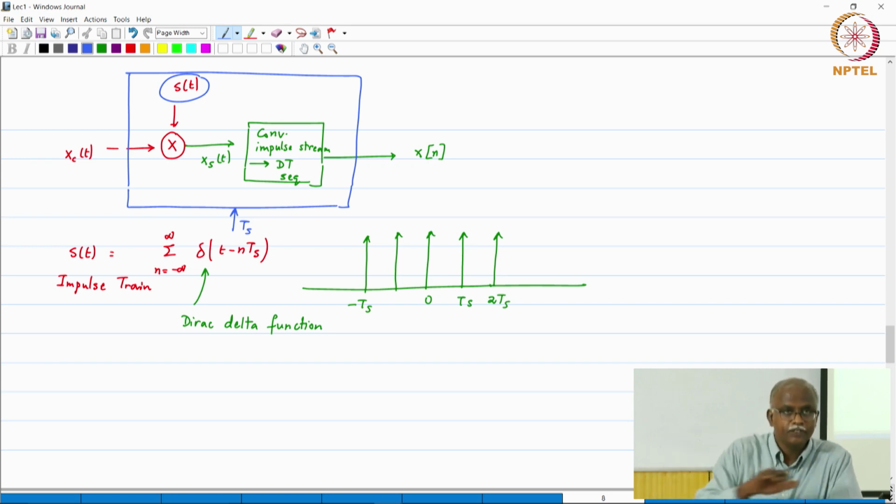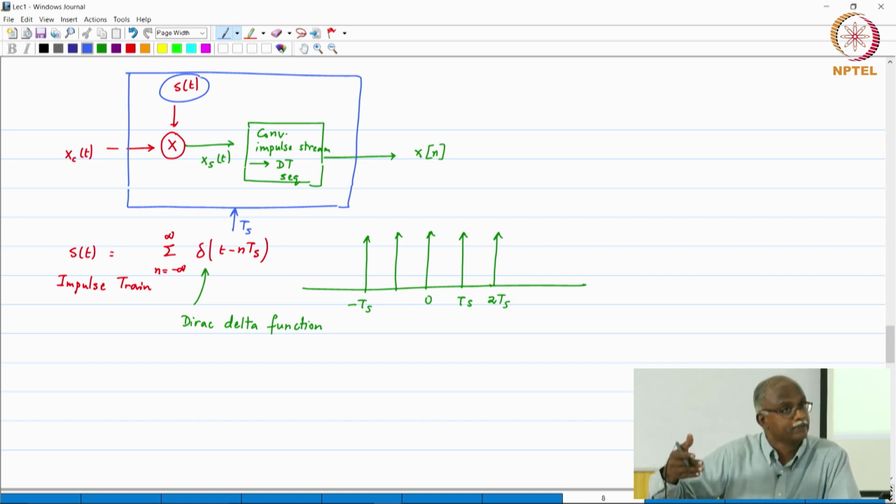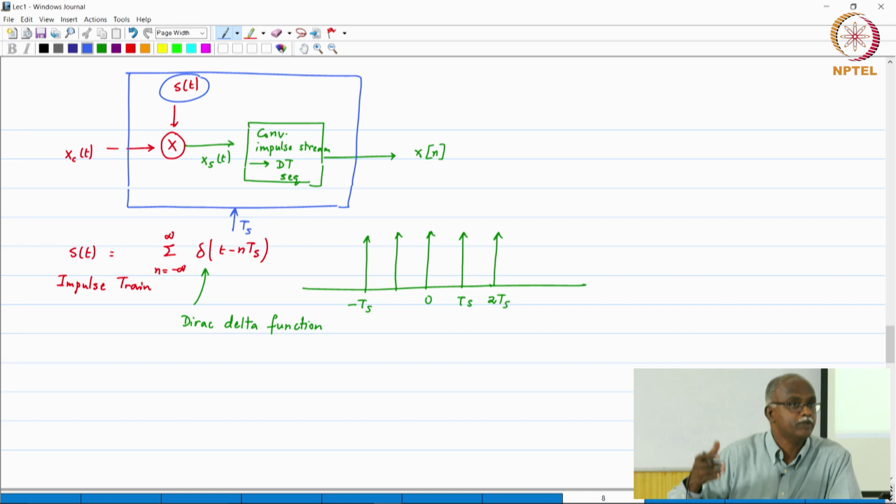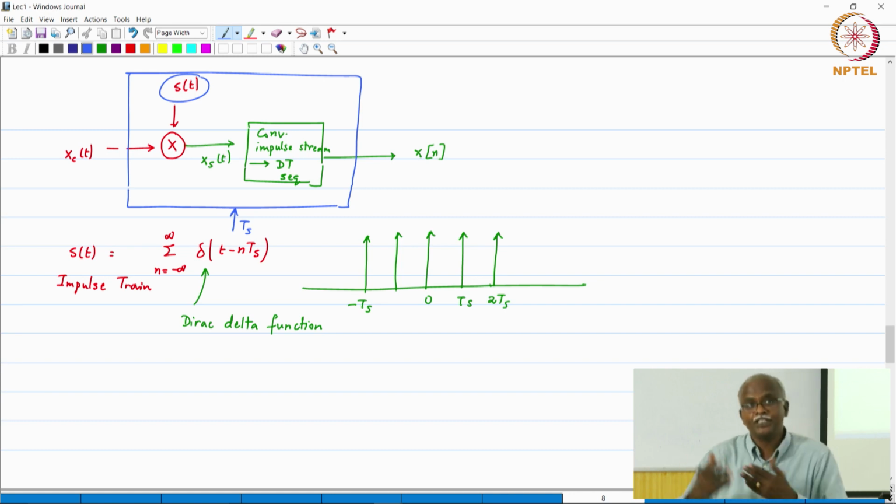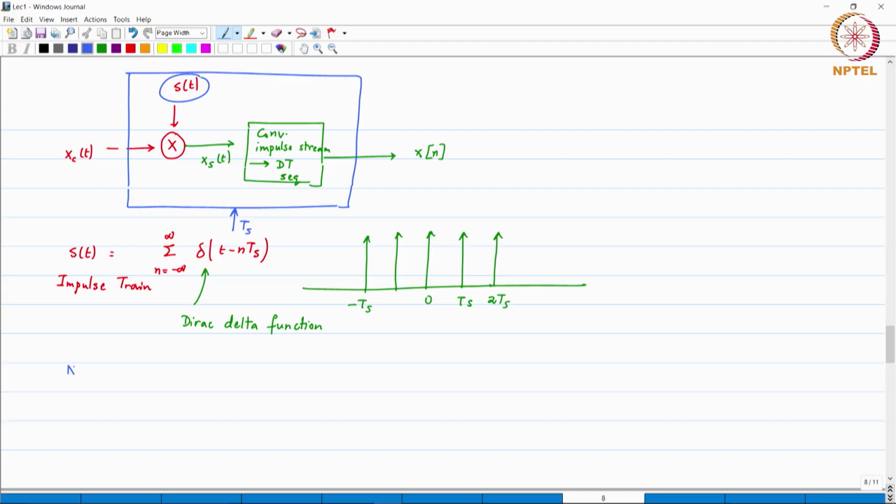Xc of t is a continuous time signal, x of n is a sequence of numbers. We assume that these numbers can have infinite precision, therefore there is no loss of information at the points where the sampling has occurred. So this is very important for us. And of course the Nyquist sampling criterion has to be satisfied if you want to do reconstruction.